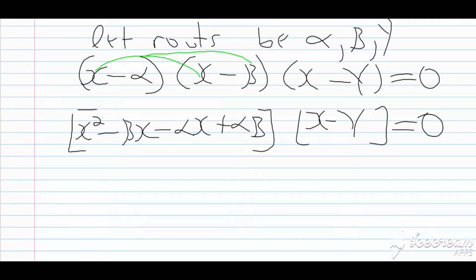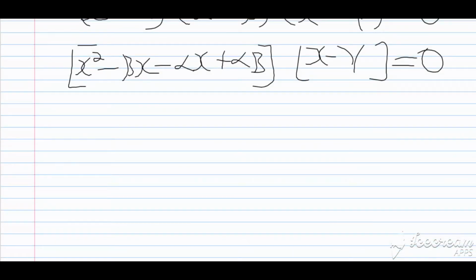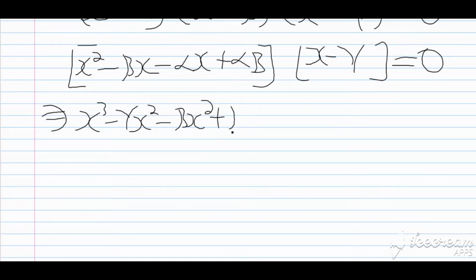Now let us expand this further. If I multiply these 2 brackets, I'm going to have x squared and I'm going to multiply by everything in the second bracket. So I'm going to have x squared times x, which gives me x cubed, x squared times negative gamma, which gives me minus gamma x squared, minus beta x times x, so I'm going to have minus beta x squared, minus beta times minus gamma, I'm going to have a positive beta gamma x.